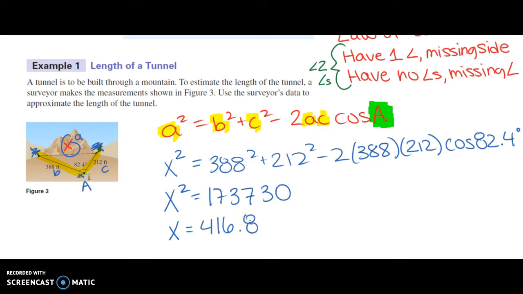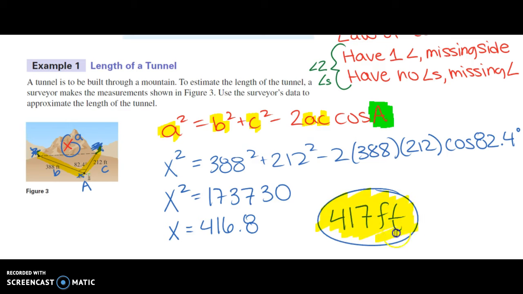I'm going to round to the nearest whole number again. Normally your homework or your worksheet will tell you what it wants you to do. So the length of my tunnel here, if we put it in context, is 417 feet. Don't forget those units. And that's our final answer.